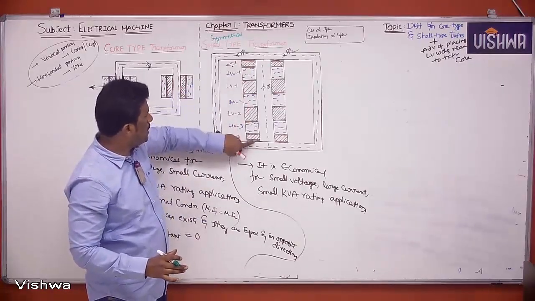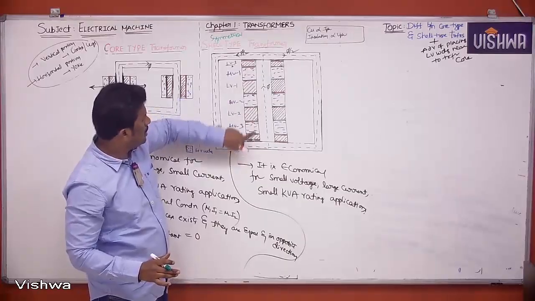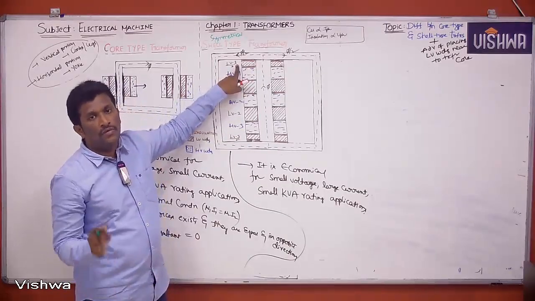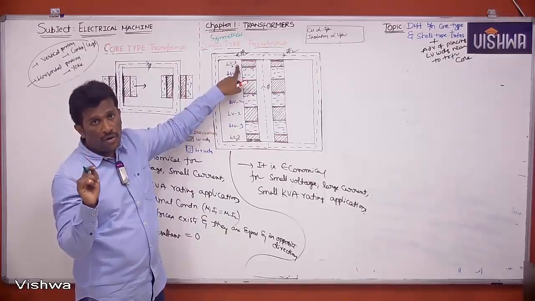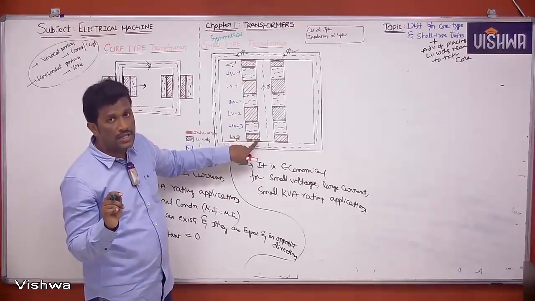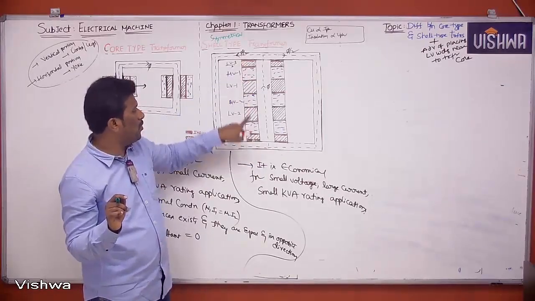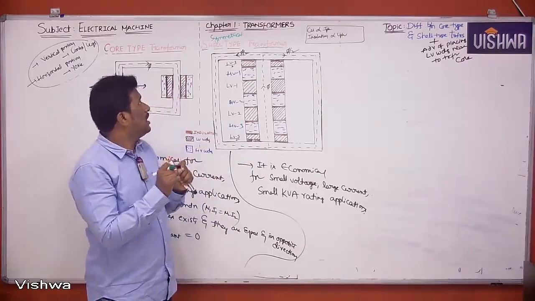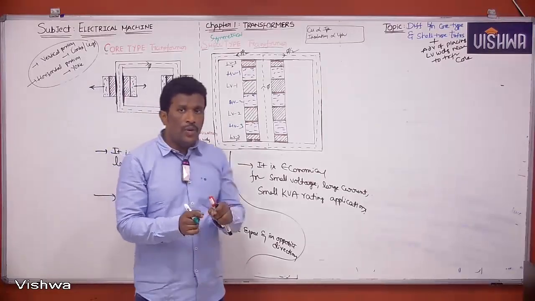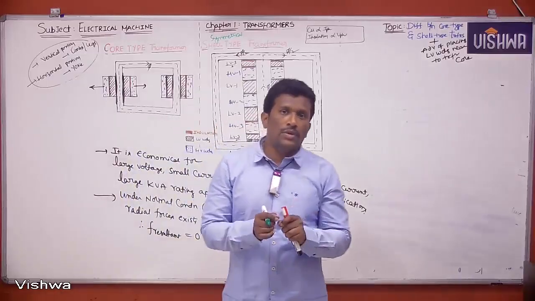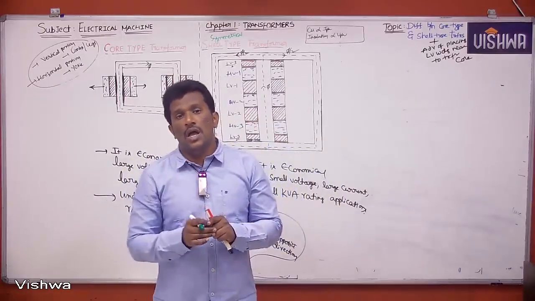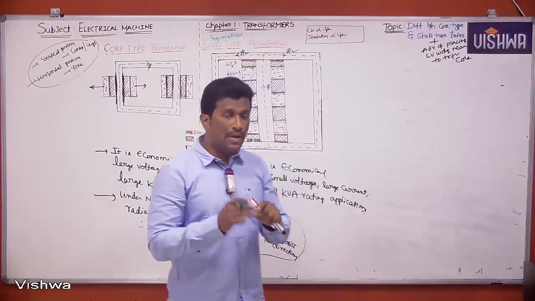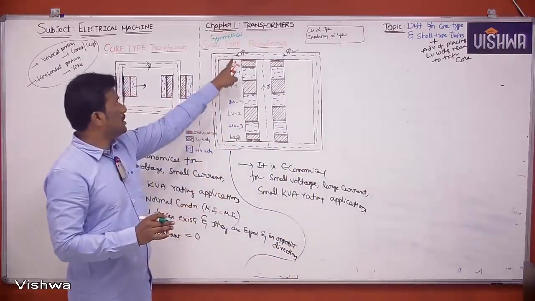Here at the extreme ends, 50% of the low voltage sections will be placed on the top side and bottom side. That is the indication that it is a symmetrical shell type transformer. I'll tell you why we are using a symmetrical shell type transformer, and what the problems are in an asymmetrical configuration of shell type transformer. That also we'll see. But as of now, this is a symmetrical shell type transformer.